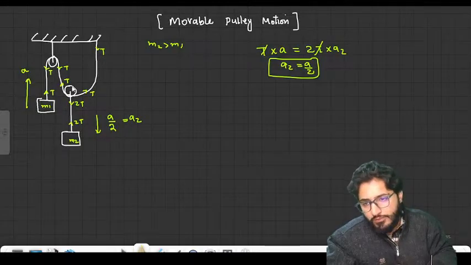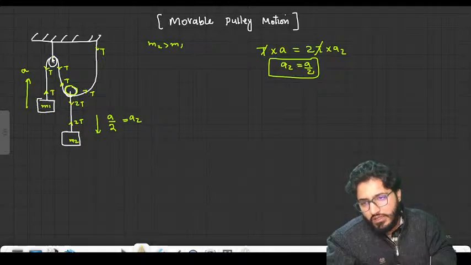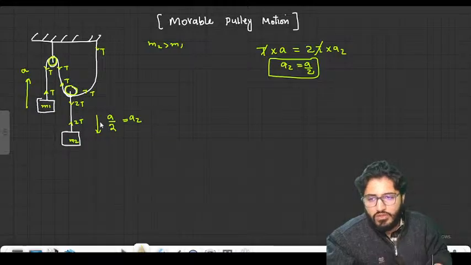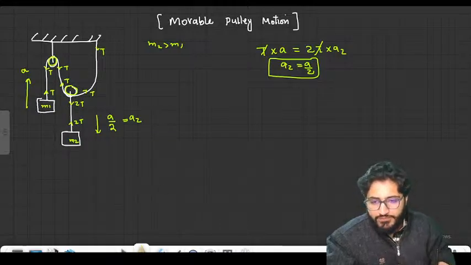Yes, 2 pulleys. 1 pulley is there now, and 1 pulley, but it is movable now. Now we are having tension and we are having acceleration. We can do it now.